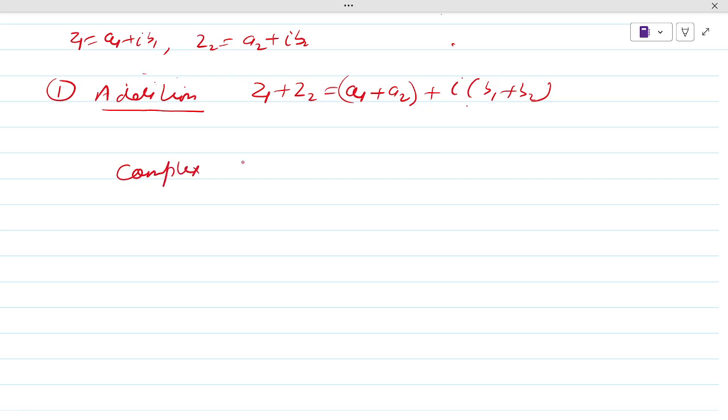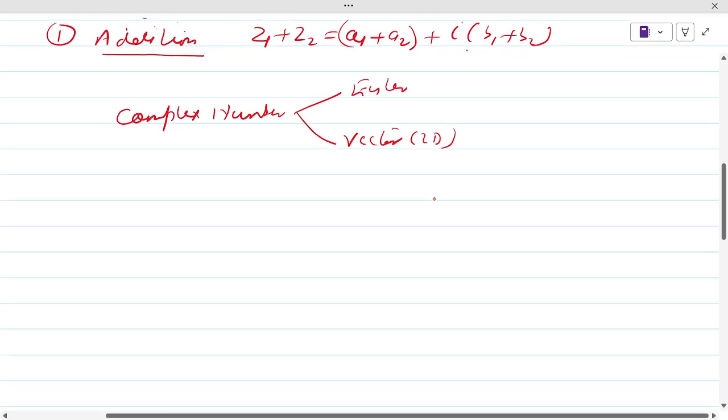One is using the Euler form, the other is using the 2D vector. If you want to analyze a complex number geometrically, the Euler form or the 2D vector representation makes it easy to visualize. Let's visualize the addition.